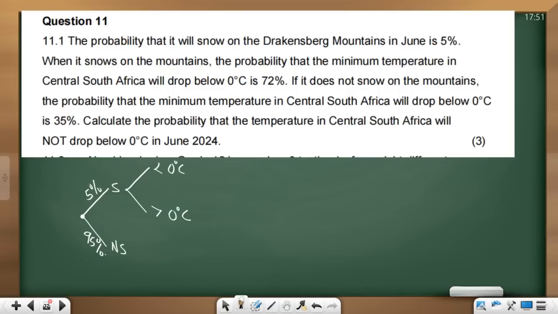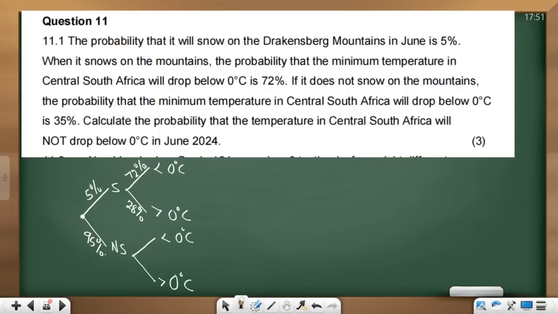Let's check. That it will drop below when it snows is 72%. You know what that means? Minus 100. That gives me 28%. Again, less than 0 degrees, greater than 0 degrees.